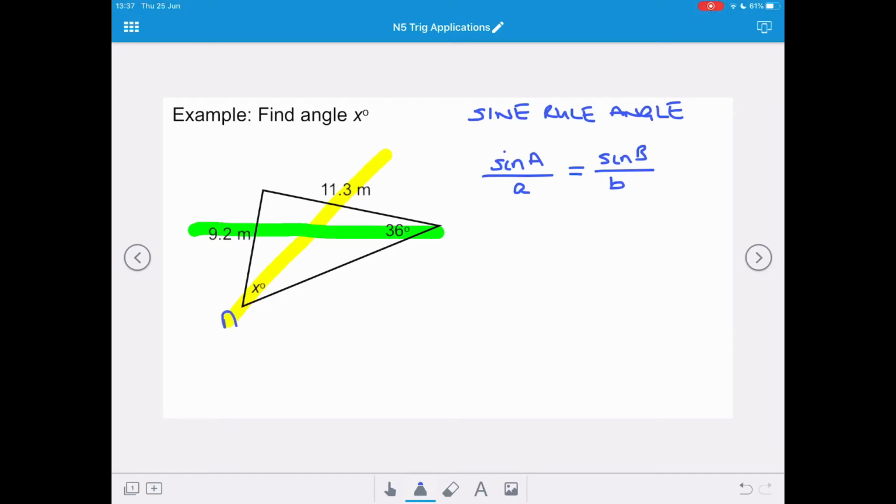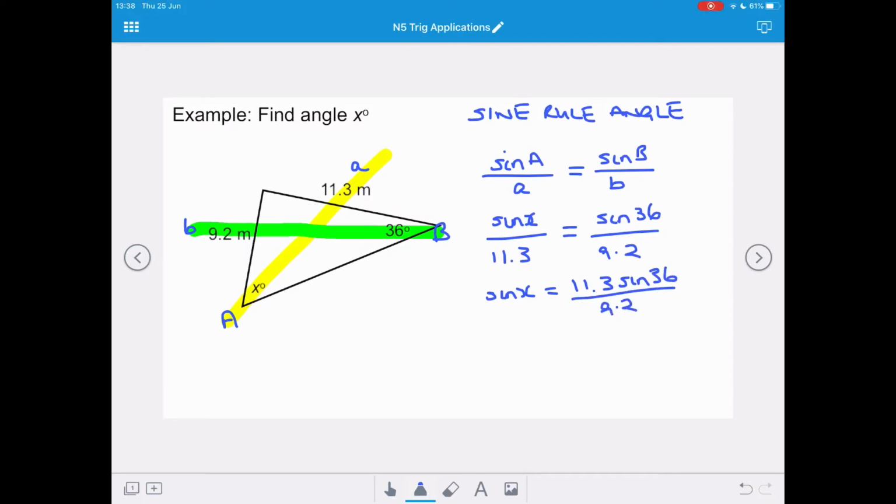And we want to annotate our diagram. Angle A is going to be the x degrees, and then we can write on our other letters so that we can substitute those values in. So we've got sine of x degrees over 11.3 equals the sine of 36 degrees over 9.2. Now we're going to multiply both sides by 11.3, and we get sine x equals 11.3 times sine 36 over 9.2.